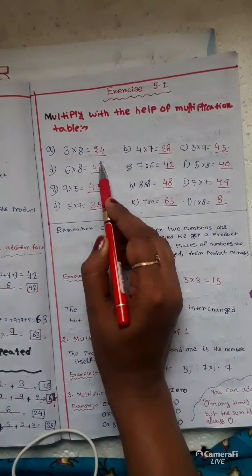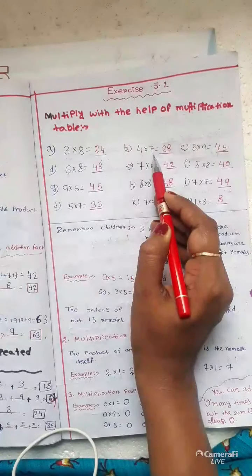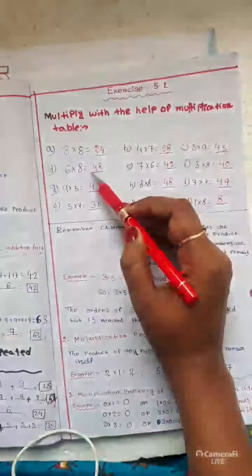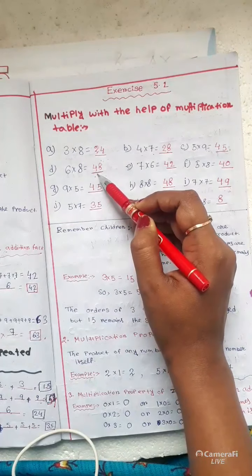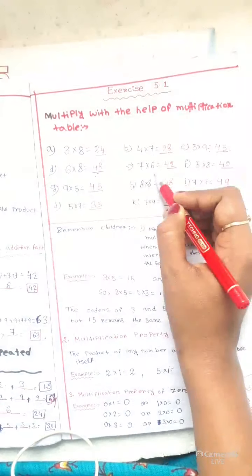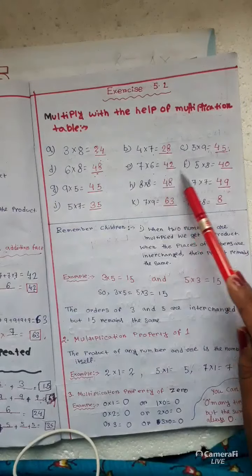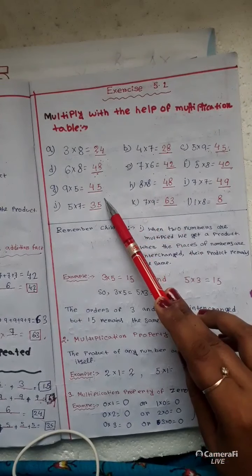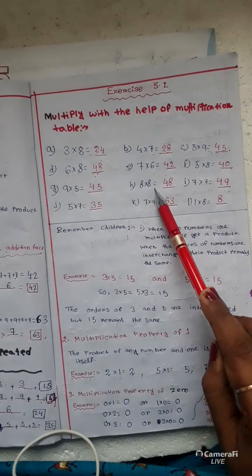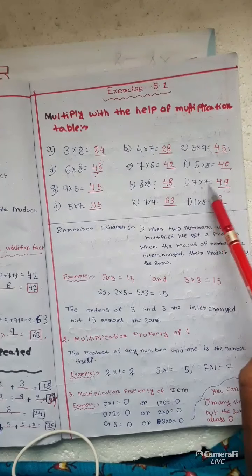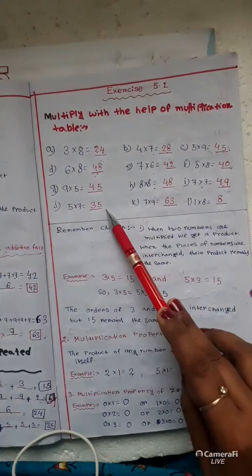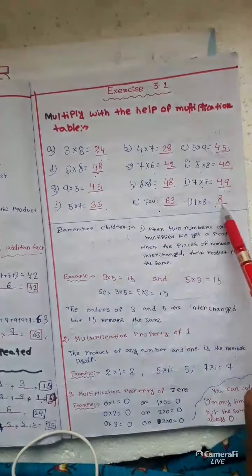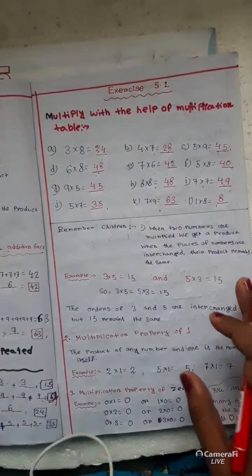So 3 8s are 24, 4 7s are 28, 5 9s are 45, 6 8s are 48, 7 6s are 42, 5 8s are 40. 9 5s are 45, 8 8s are 48, 7 7s are 49, 5 7s are 35, 7 9s are 63, and 1 into 8 is 8.